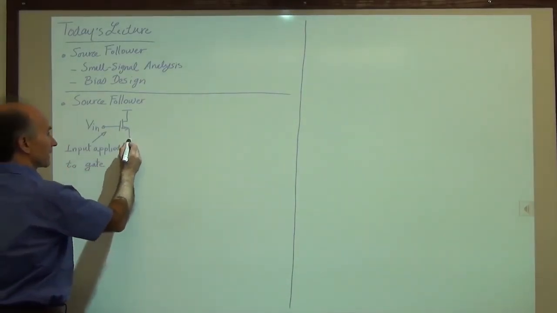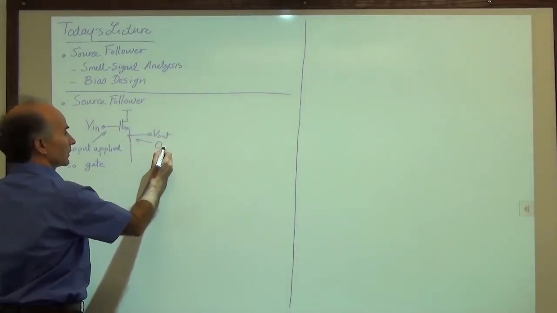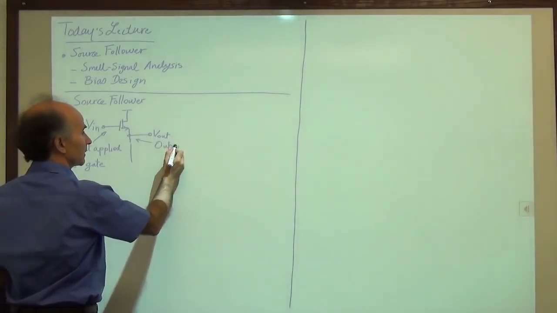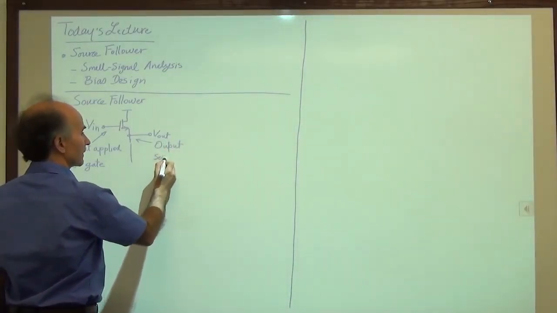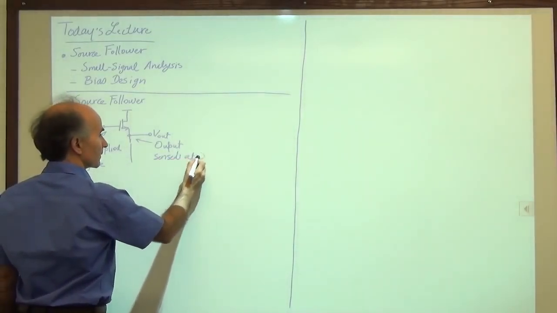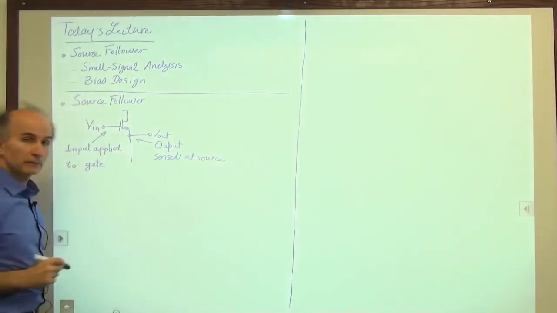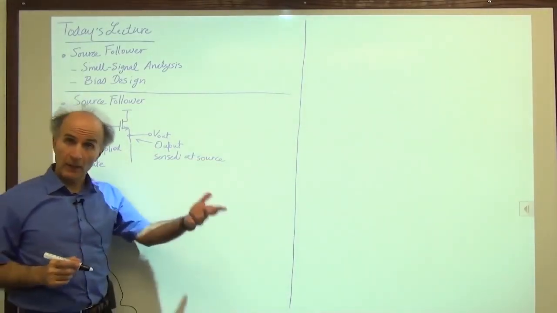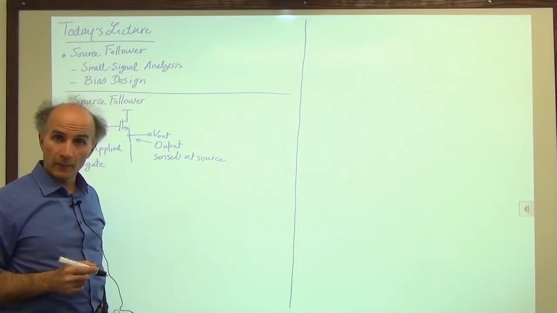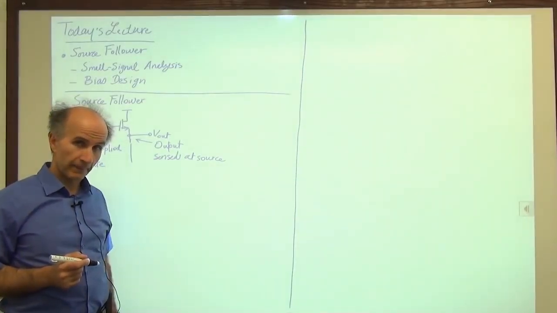And the output is taken from the source of the transistor. So we say output sensed at source. Okay, so it's a little different from the previous stages. The input is applied to the gate, the output is sensed at the source.